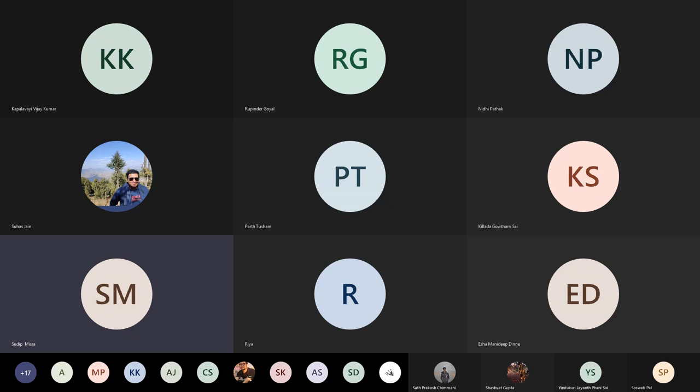For this, there are three main classes of multiple access protocols that have been proposed. Number one is called random access protocols. Number two is called controlled access protocols, and number three is called channelization protocols.